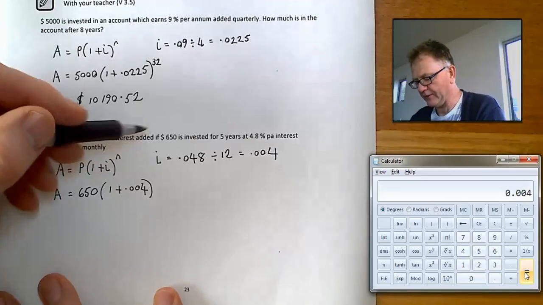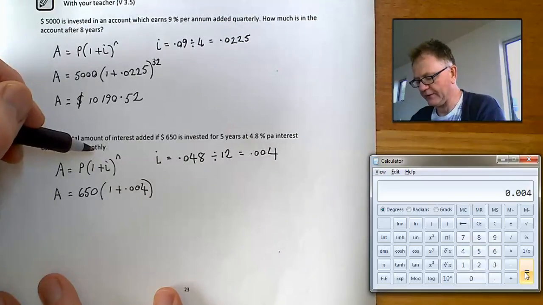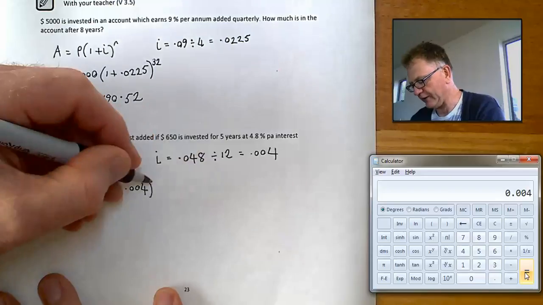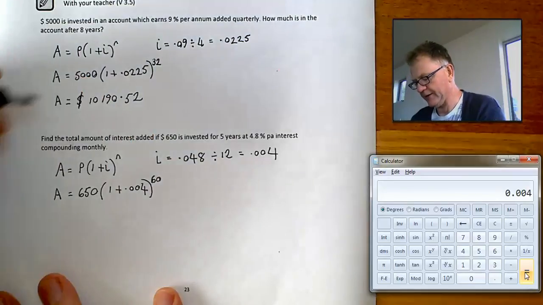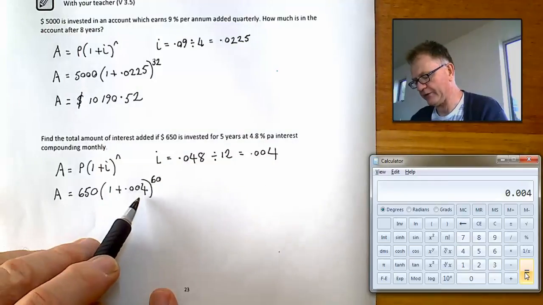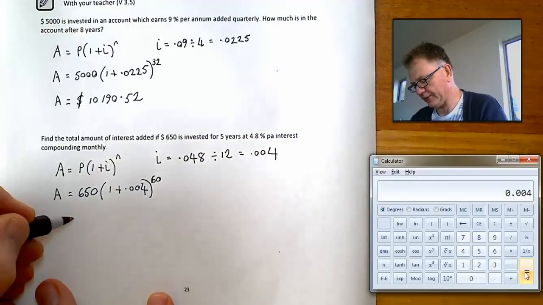So there's 12 months in a year, it will be added 12 times every year. Over 5 years it will be added 12 fives, 60 times. Okay, now it's 1.004 that we need to raise to the power 60.